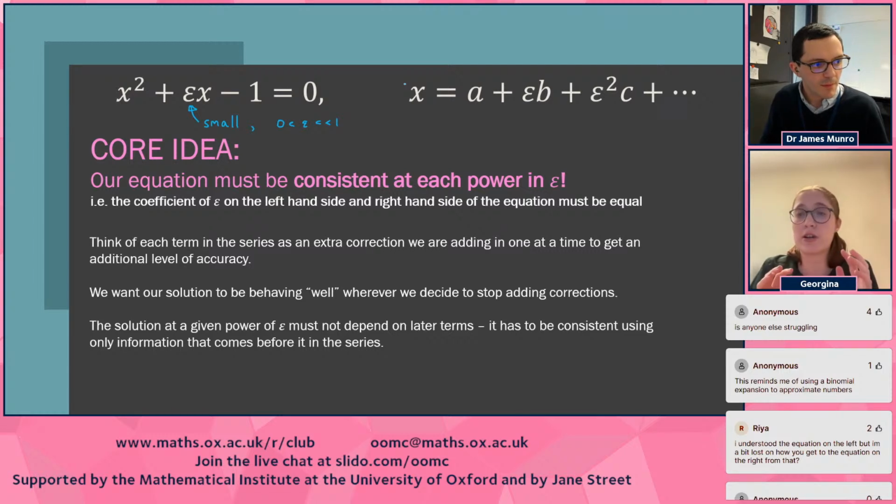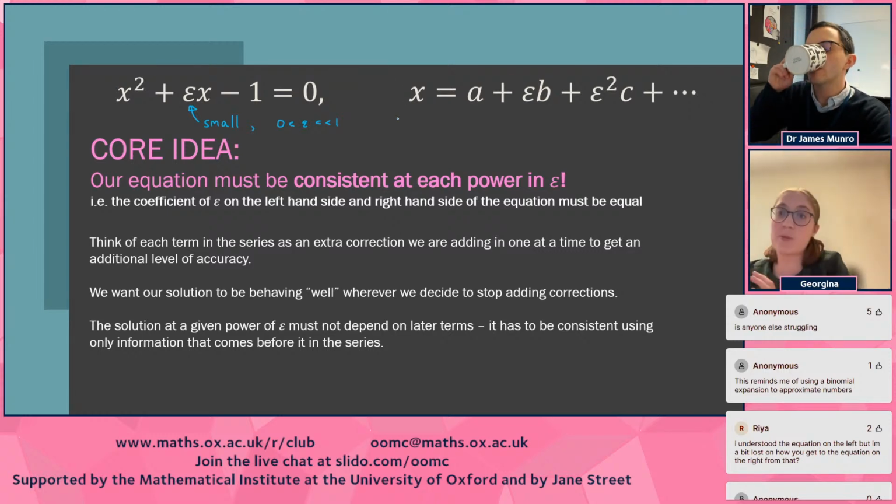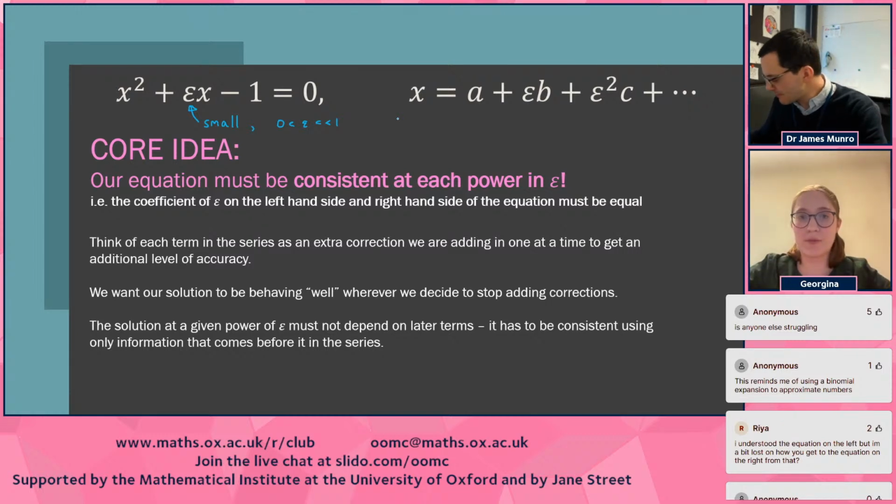Then we can look at the epsilon terms, the things that are multiplied by epsilon, and solve those equal to 0. And we can then solve the next level below that. So we can work through it progressively with each level only depending on the stuff that came before it. That's the big picture.